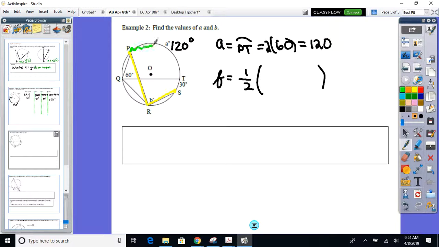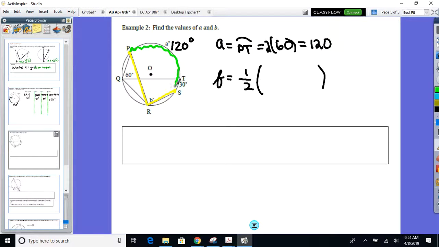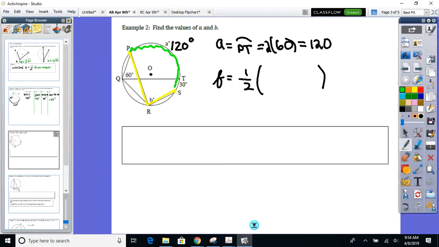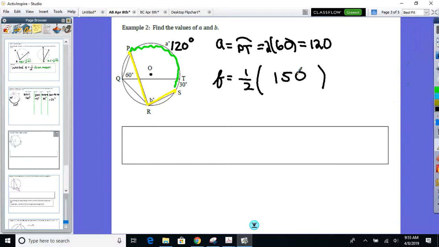PTS, right? Everyone agree? How large is PTS? 150. So everyone see why we're taking half of 150, not 120, not 30. Caleb, just finish that for me. You got 75. 75 degrees.